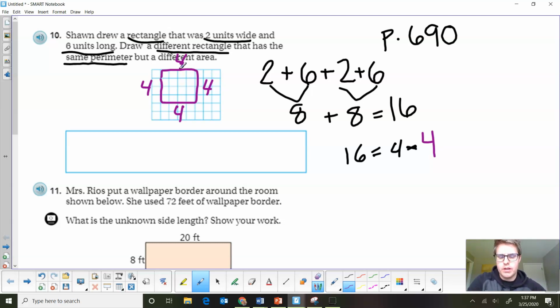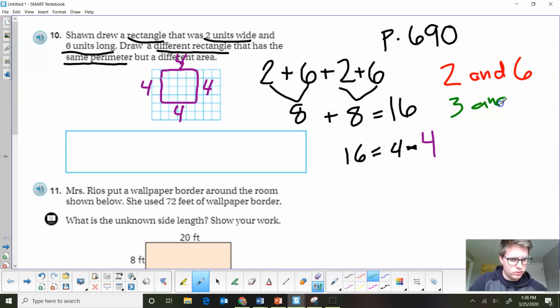Another way of doing that would be to look at the side lengths of rectangle 1. So if rectangle 1 has side lengths of 2 and 6, what other numbers could add up to 8? Because that's what 2 and 6 equal, right? Well, 3 and 5 would work. We already did 4 and 4.